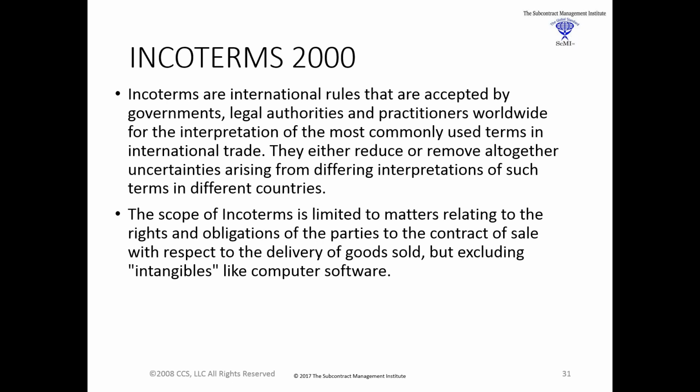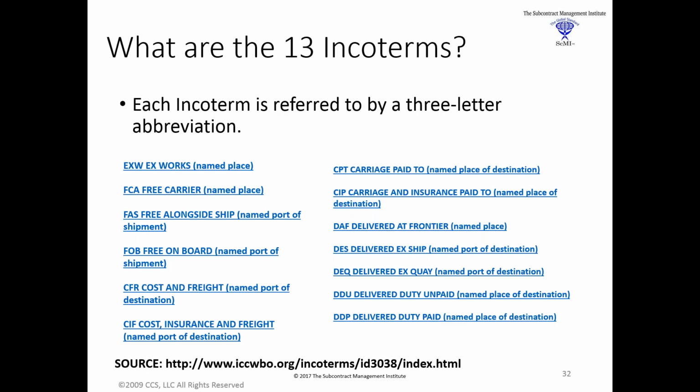The next chart talks basically about how that came into being, and it applies to the sale of goods. And here is a whole bunch of the new terms, and the links would take you to where they can be defined. I give you the basic link. It's iccwbo.org, and you can go learn about those.